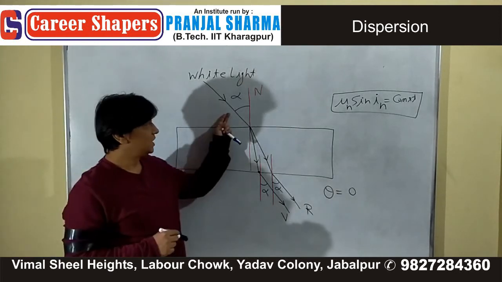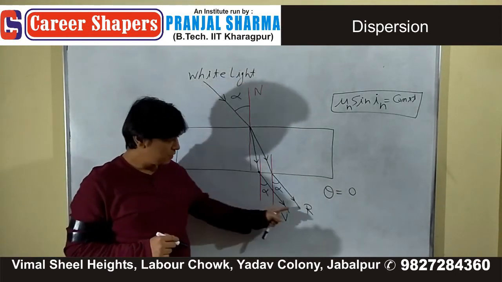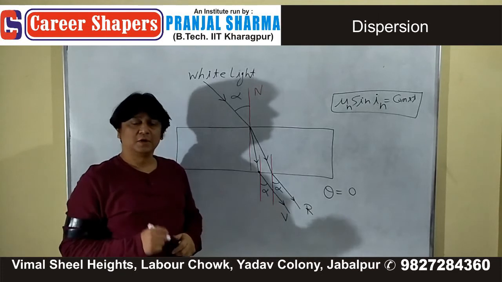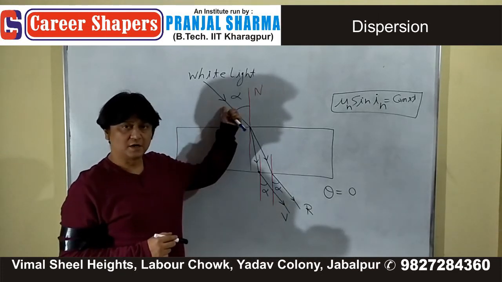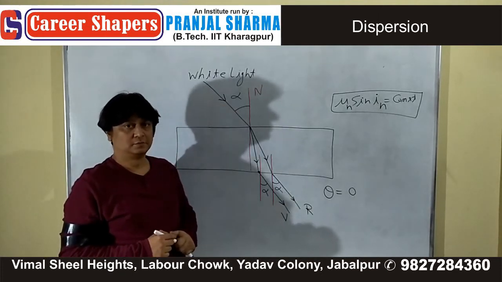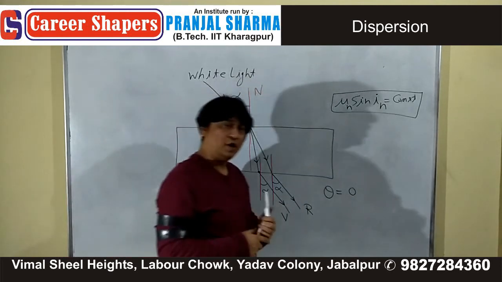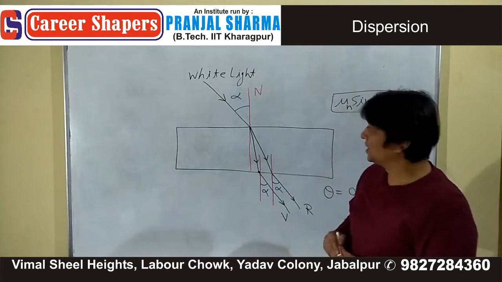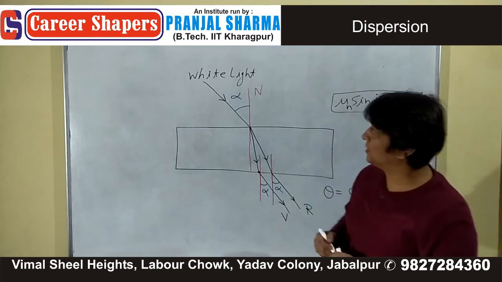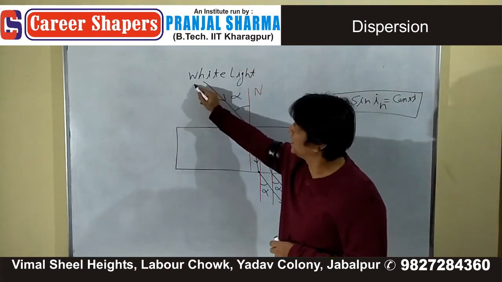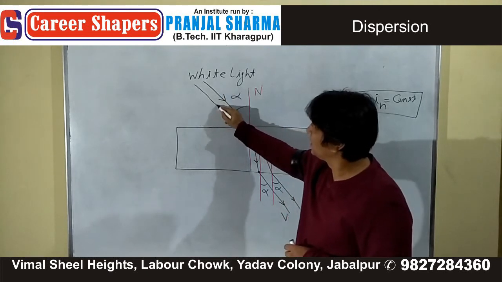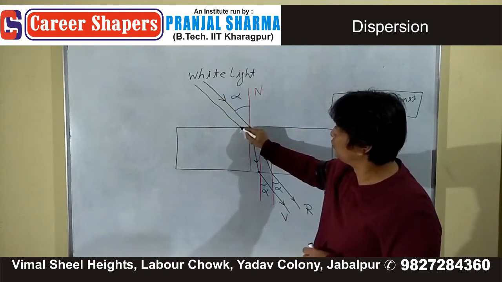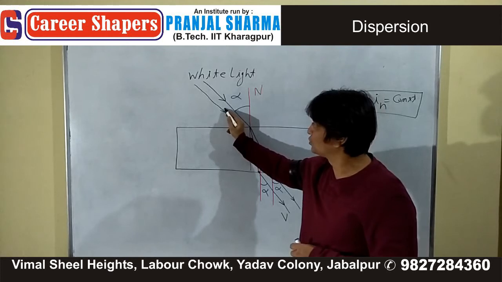Now this is the white light and you get R and V. But this is not the only white light. What is happening? There is some other ray which is also moving parallel to this one.